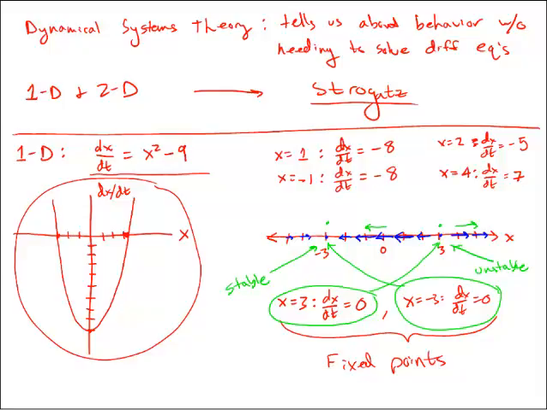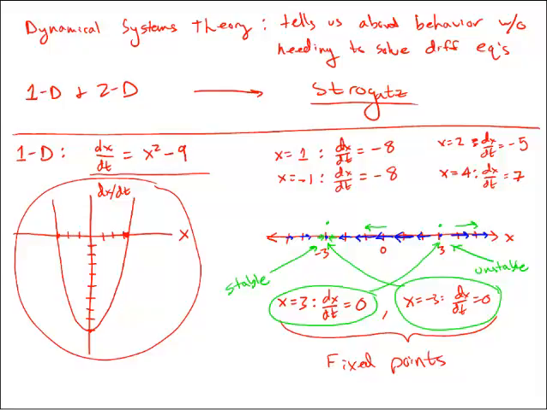Well, stable means that if you nudge it just a little bit, it will return to where it was. So what happens if you nudge x equals -3 just a little bit to the right? Well, it's going to feel a push to the left. And if you nudge it just a little bit to the left, it's going to feel a push to the right. So the dynamical system tends to keep x at its fixed point -3. That is a stable fixed point.